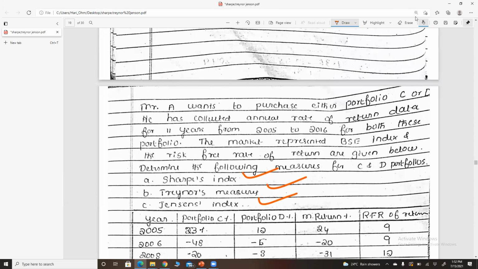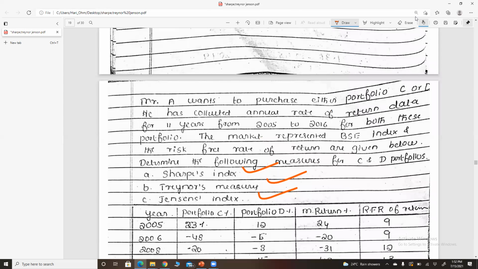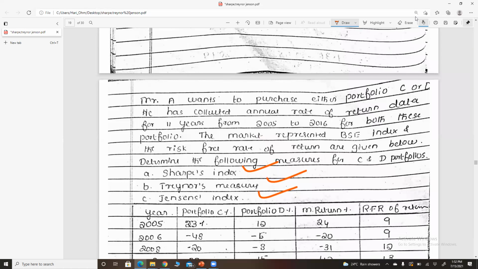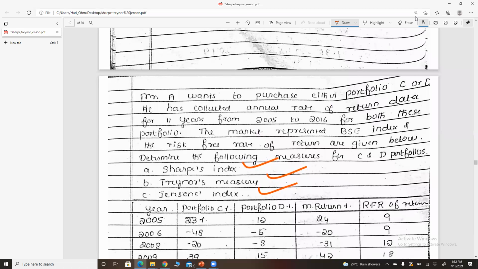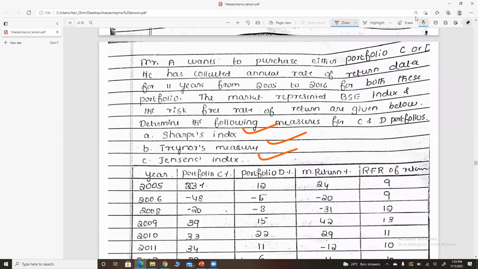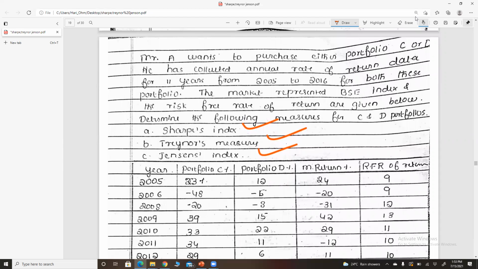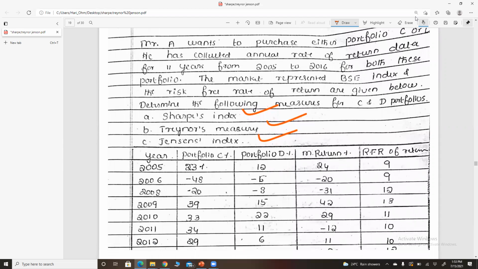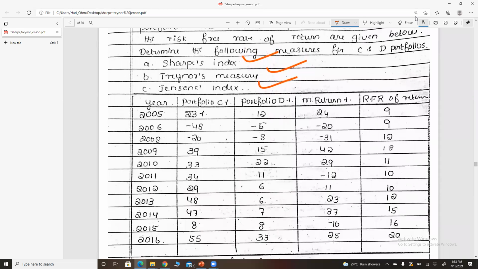Mr. A wants to purchase either portfolio C or D. He has collected annual rate of return data for 11 years. The return is given from 2005 to 2016, as well as the BSE index return, and the risk-free rate is given. So you need to calculate Sharpe's index, Treynor's index, and Jensen's index.